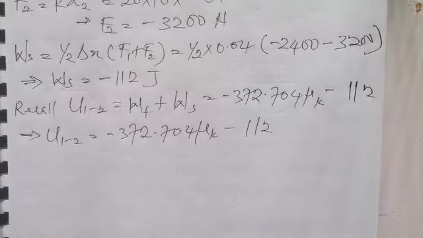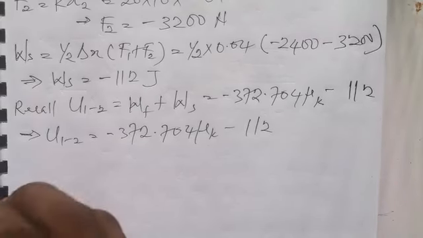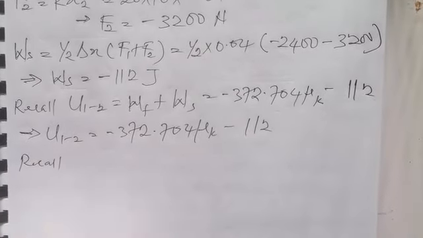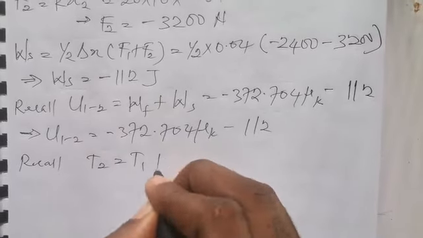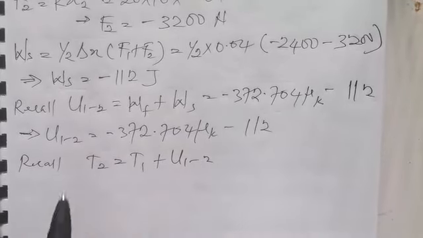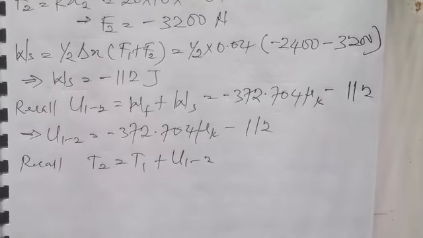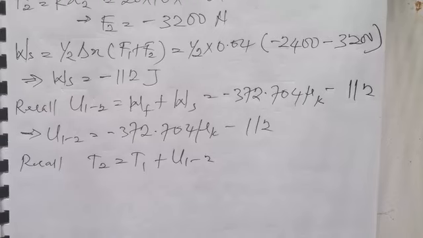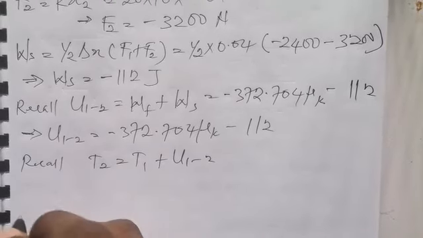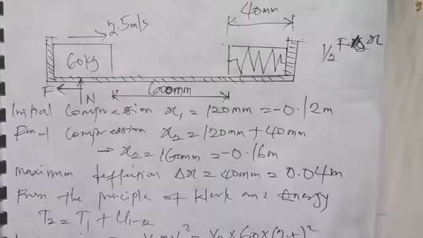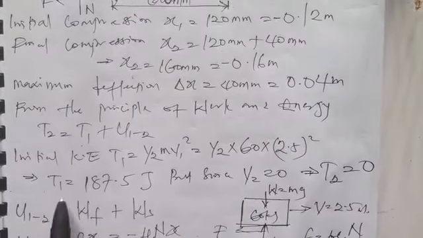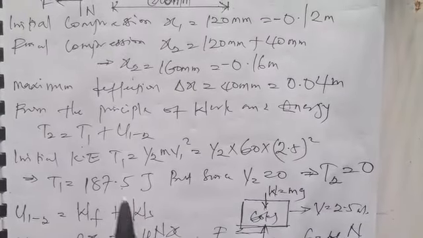So recalling the principle of work and energy, T2 is equal to T1 plus U1 to 2. But T2 is the final kinetic energy, which we obtained earlier as 0. So 0 is equal to T1, and we obtained T1 to be 187.5 joules.